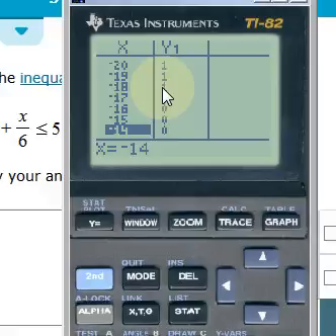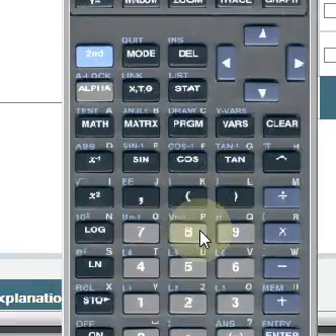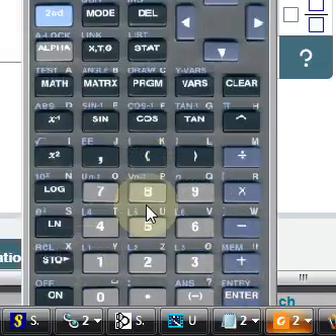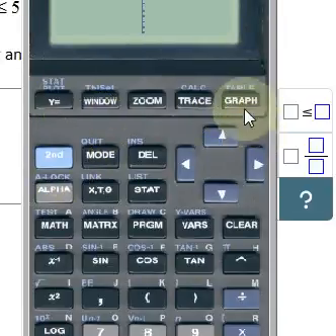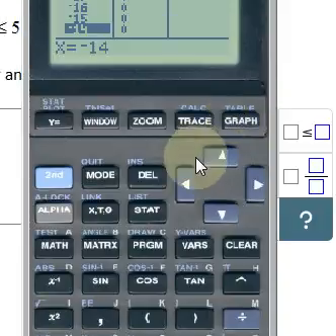Could be negative 18, I think. You can figure that out by putting the number into it. Negative 18.